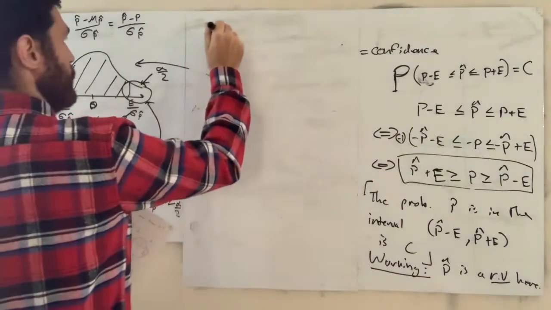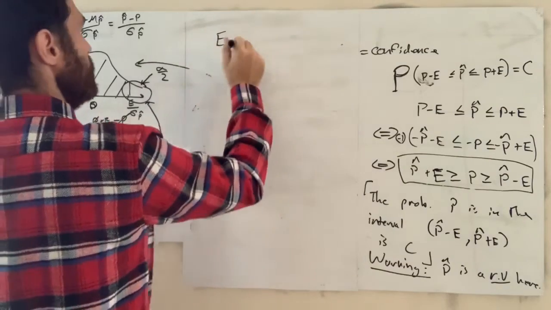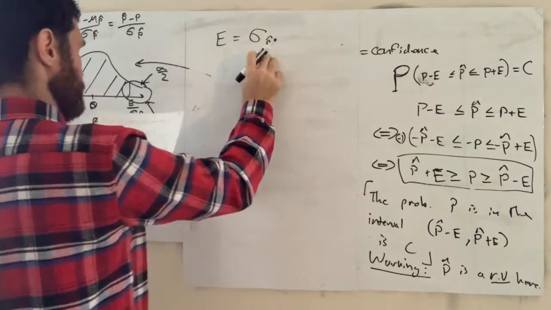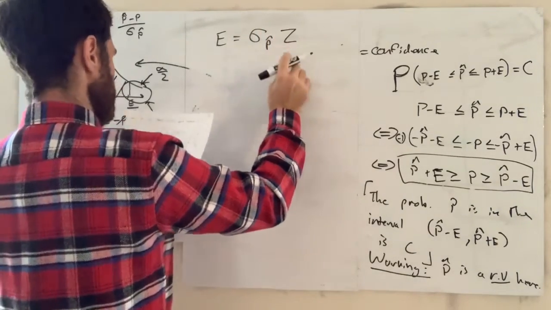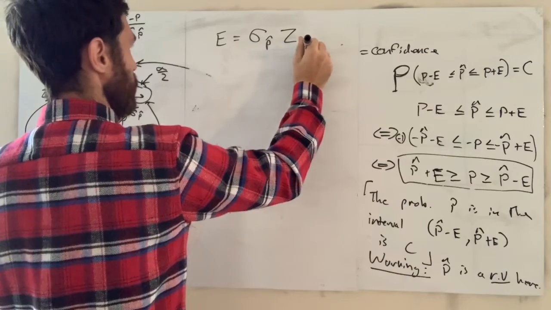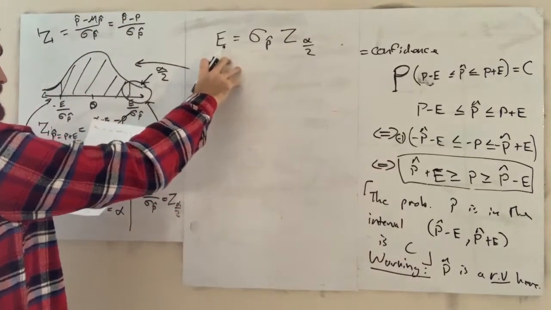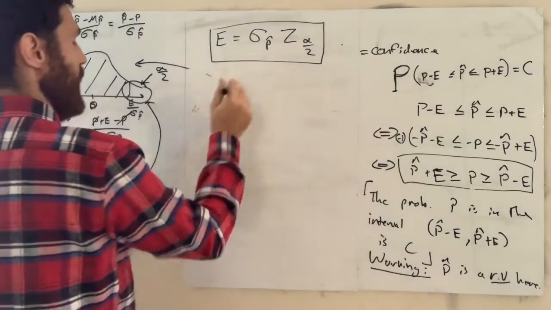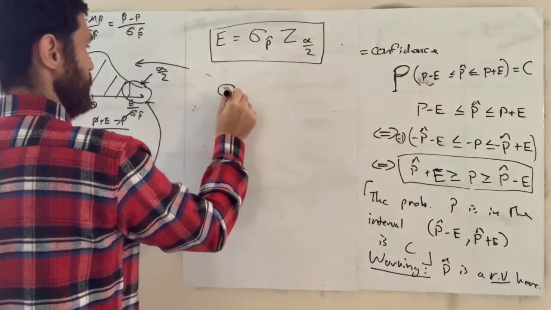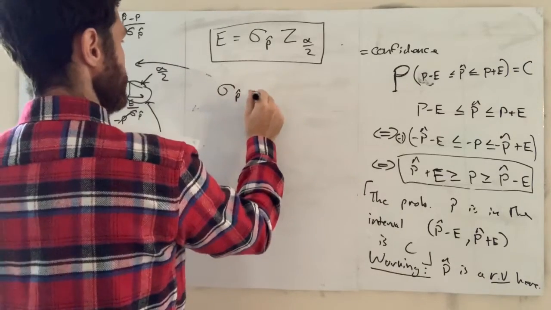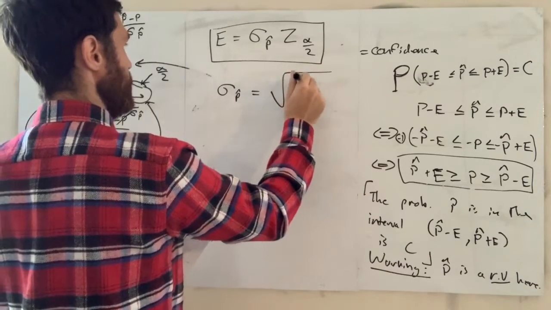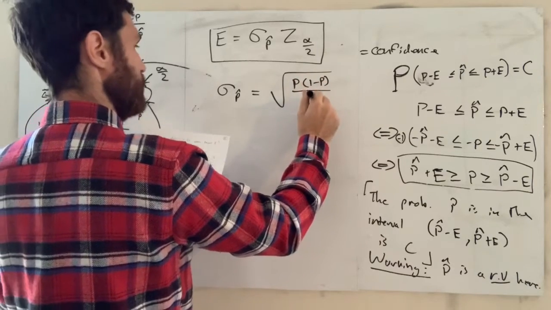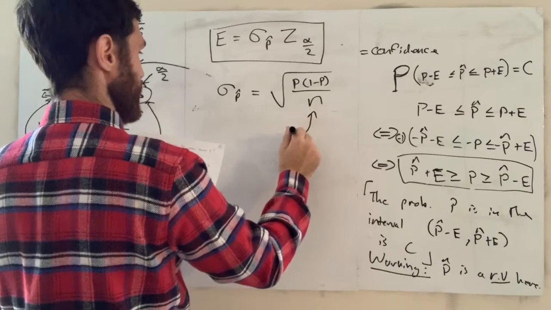We get that the error term, E, has to be equal to standard deviation, p hat, times Z, alpha over 2. And this now gives you the error term. And recall that the standard deviation of p hat is the square root of p times 1 minus p over n, where n is the sample size.